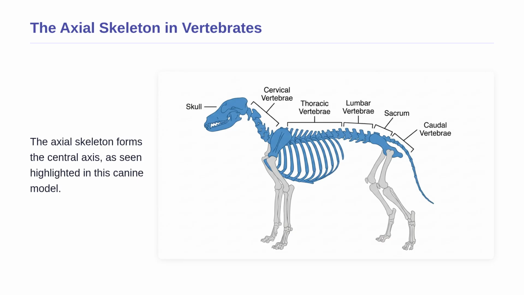Further back are the lumbar vertebrae, the sacrum at the pelvis, and finally the long string of caudal vertebrae forming the tail. This diagram beautifully illustrates how the axial skeleton serves as the main structural axis, providing a vital foundation upon which all other anatomical systems rely.